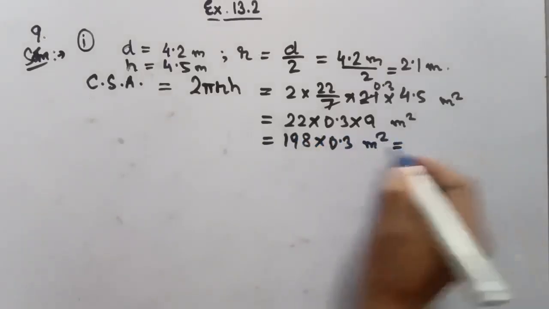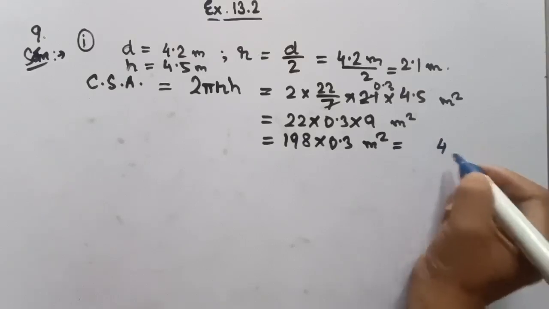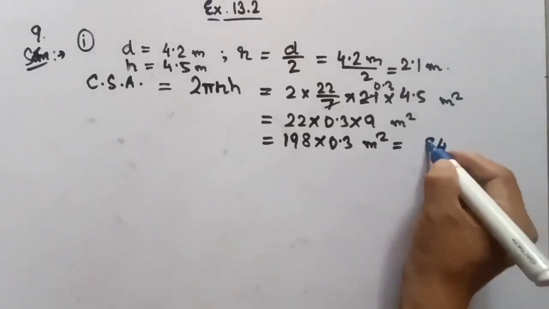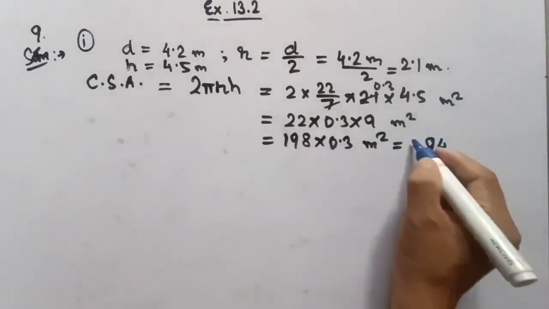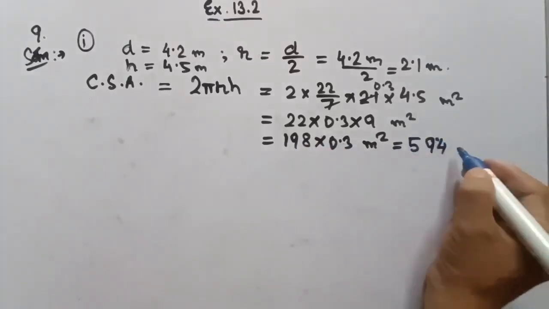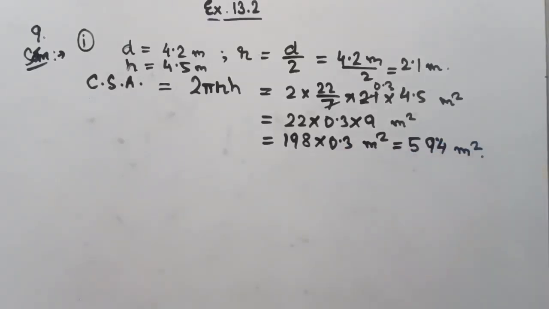This will be 3 times 9 is 27, and placing the decimal, 59.4 meters square will be the curved surface area of the petrol tank.